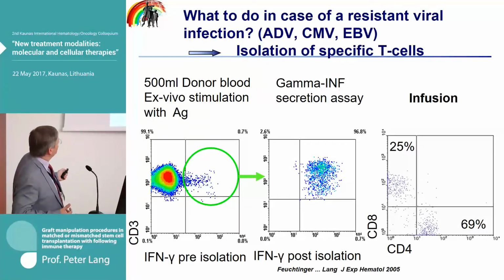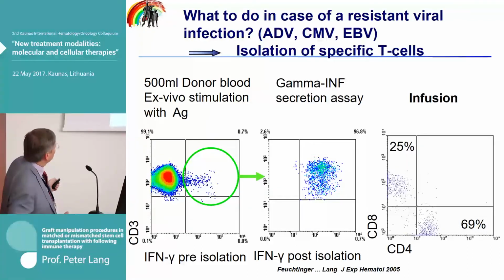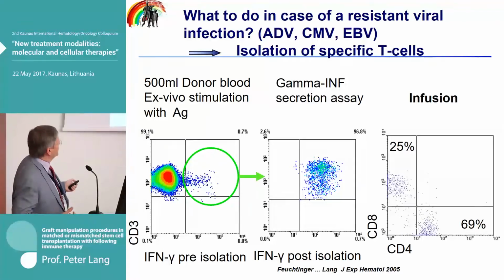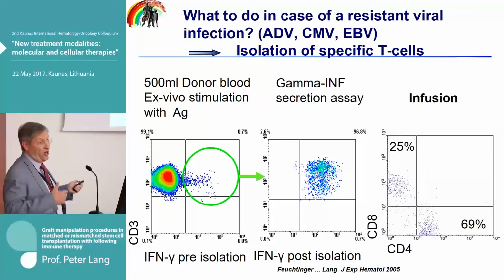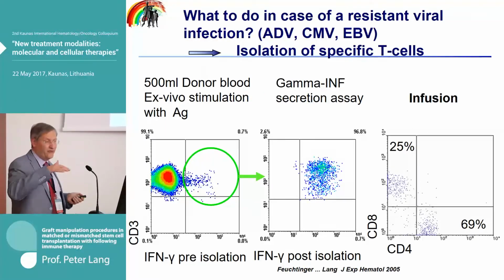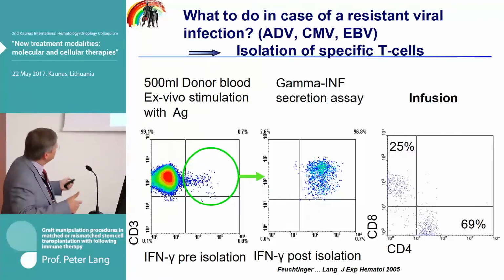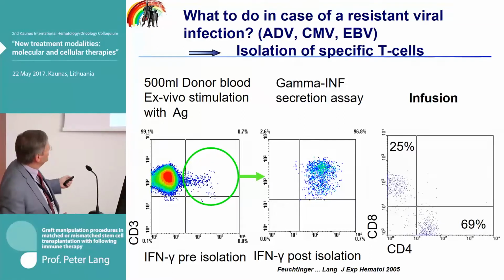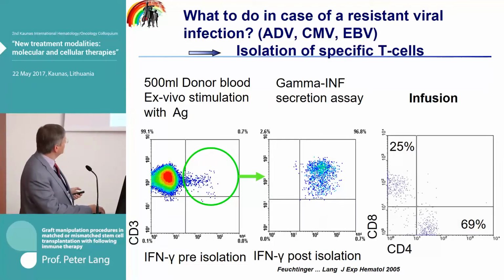So these gamma interferon positive cells then can be isolated with the gamma interferon secretion assay, and we end up with a mixture of CD8 and CD4 positive T cells, low numbers, only about 5,000 per kg body weight, which is almost nothing. And these cells can be directly infused into the patient.